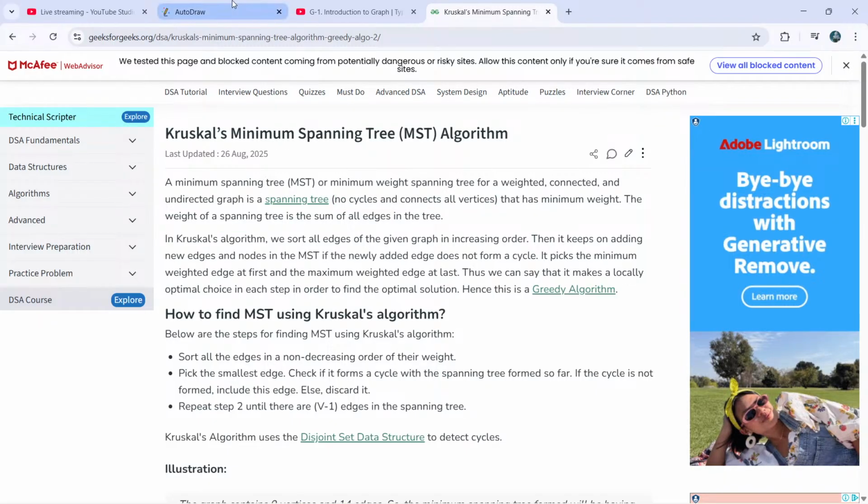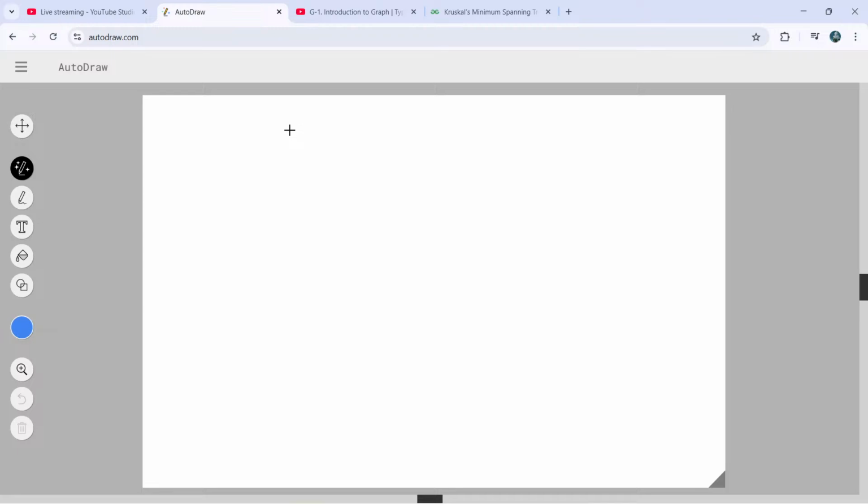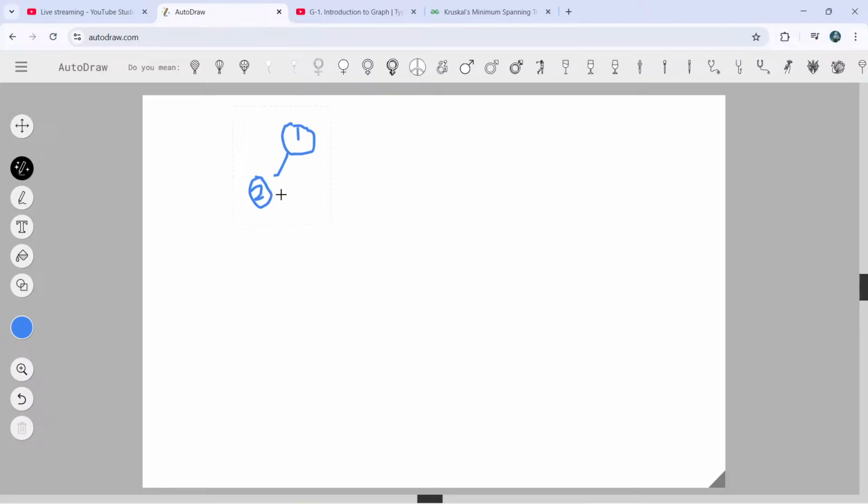For those who don't know what a spanning tree is, let's say I have 1, 2, and 3. This is the structure. Let's say I have 1 to 2 costing me 5, 2 to 3 costing me 3, and 3 to 1 costing me 2.